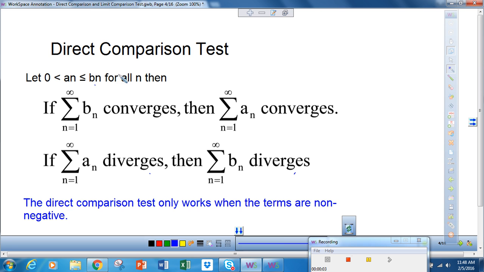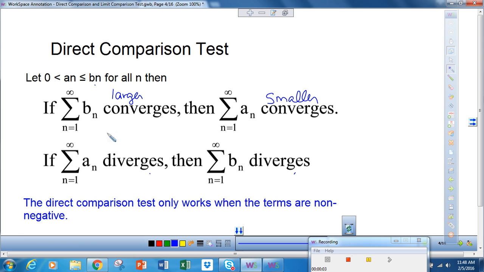If it's smaller than a known convergent p-series or geometric series, then a sub n would also converge. In other words, if the larger series converges, then the smaller series would also converge.